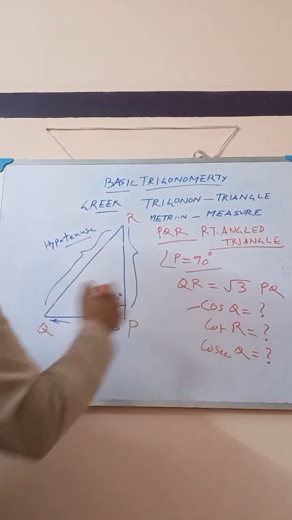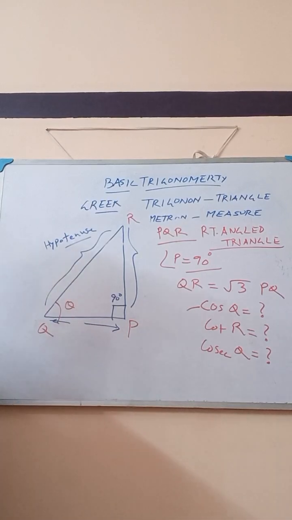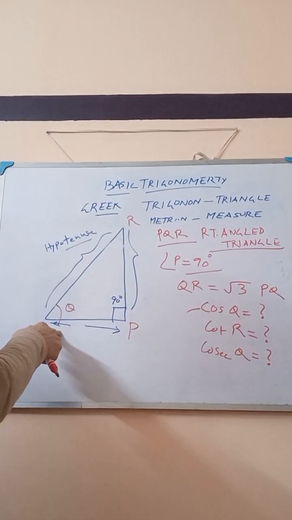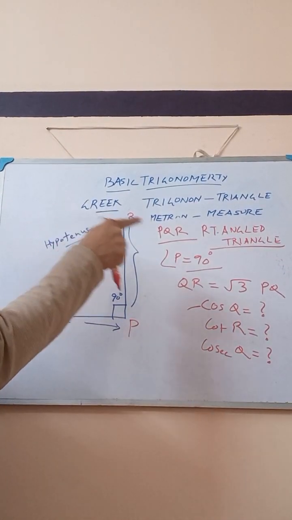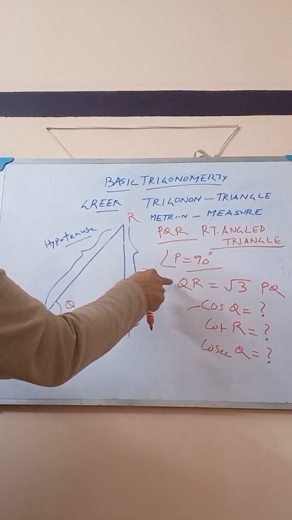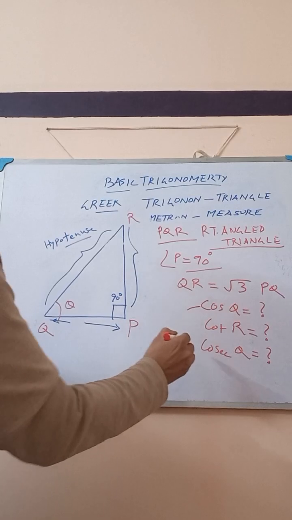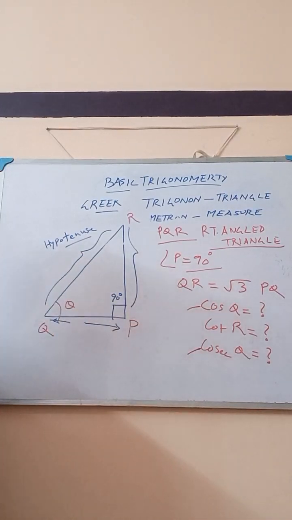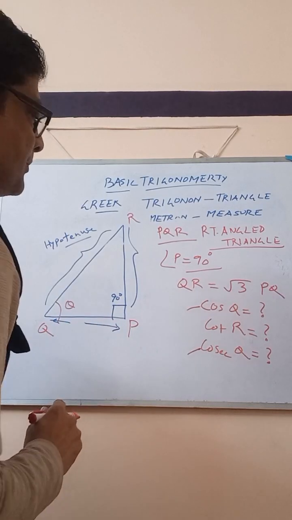Now this is cos Q. So you have to find the value of hypotenuse, you have to find the value of base, you have to find the value of perpendicular. A relation is given, with the help of this relation. And cosec Q, this particular diagram is okay with cosec Q also.